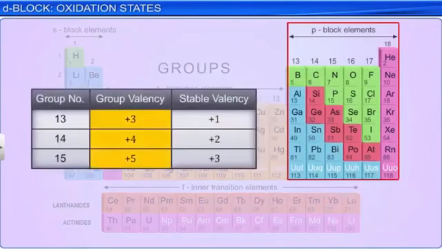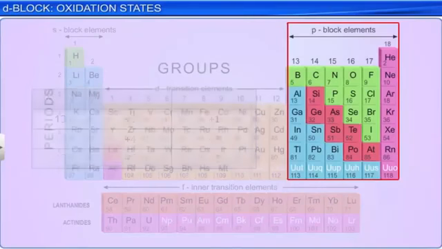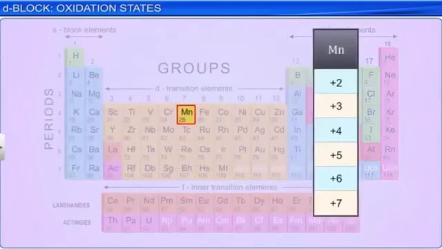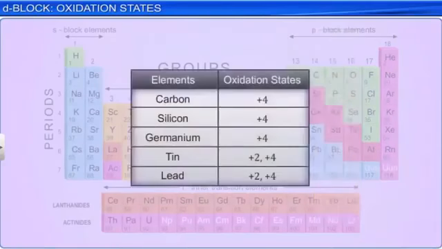For example, manganese exhibits all the oxidation states from +2 to +7, which differ from each other by unity. On the other hand, tin and lead, which belong to group 14, exhibit oxidation states of +2 and +4.